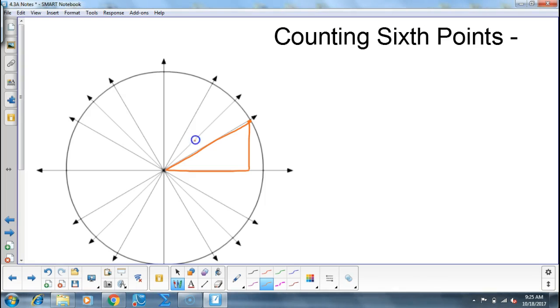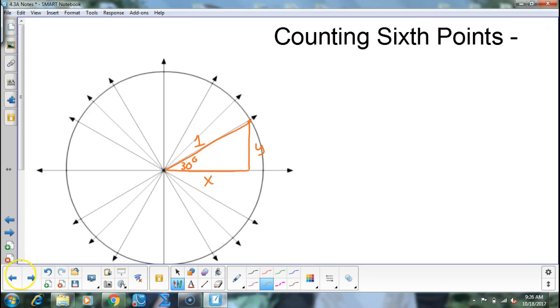I still have a radius of 1, but now this is 30 degrees. So what I would like you to find now is, you and somebody close to you, find me x and y for those two.